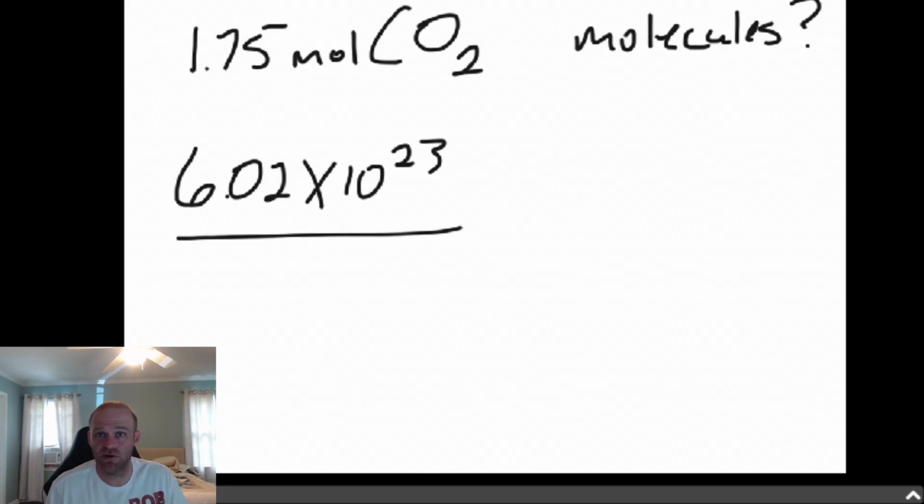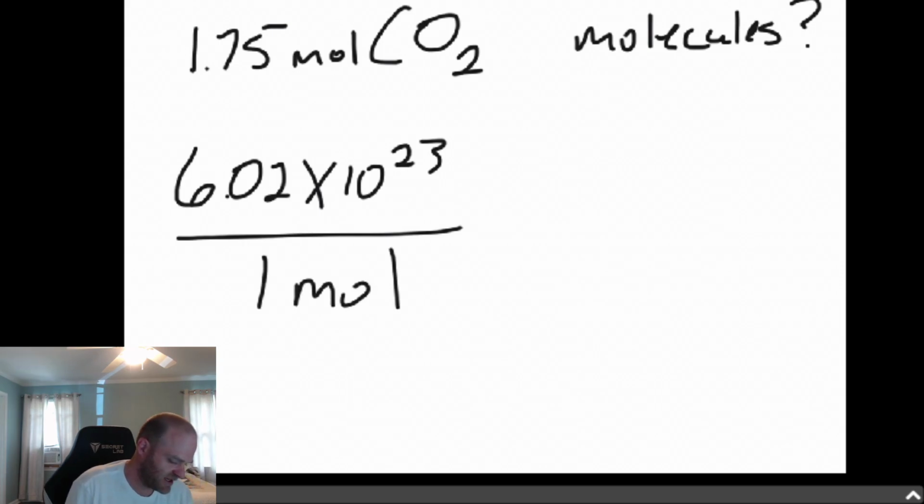So it's just a number. There's no units, but on the bottom, 1 mole. And it wants to know the number of molecules, which is also unitless, right? I don't have a unit on my solve side right here.